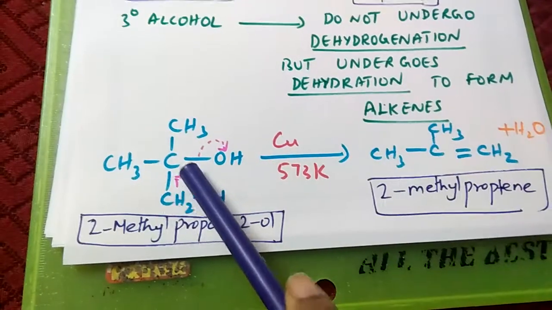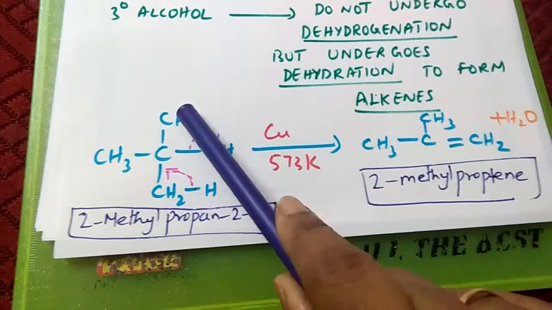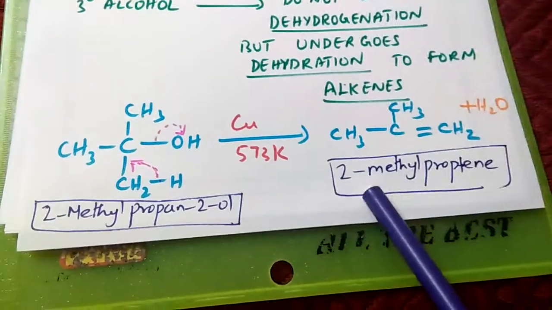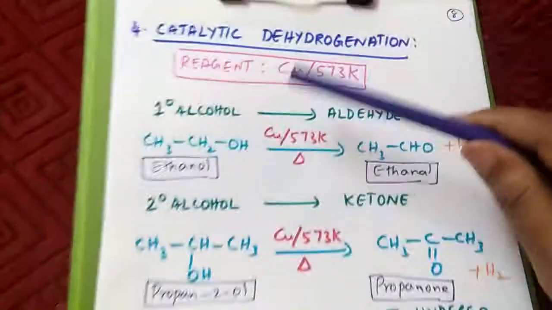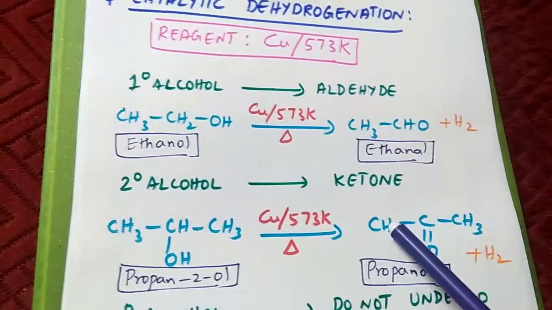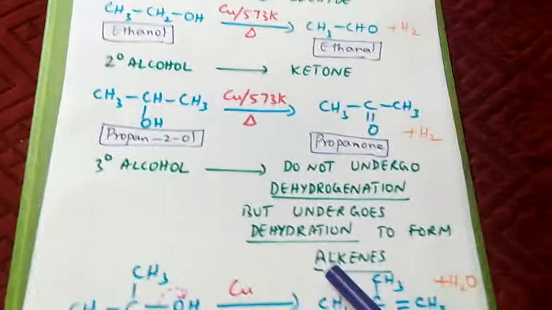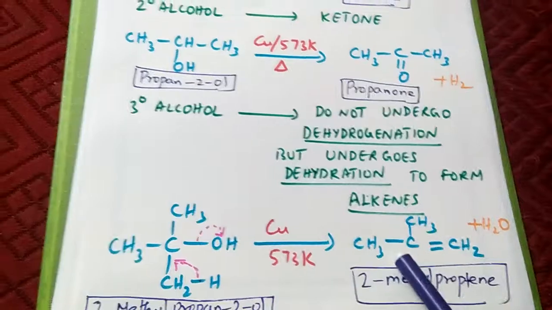A double bond CH2 is formed here, CH3, C, CH3, double bond CH2. So it is 2-methylpropene which is formed as the product. So in catalytic dehydrogenation, primary and secondary alcohols form aldehyde and ketone respectively, and tertiary alcohol will not undergo dehydrogenation, it will undergo dehydration and form alkene.